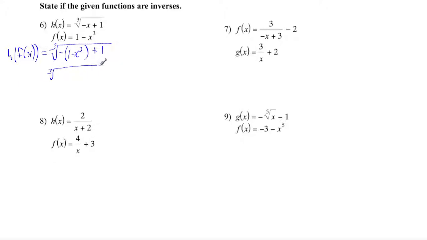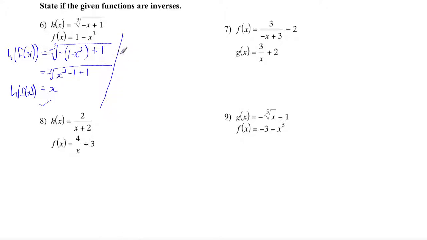So I get the cube root. This negative distributes in, so it actually becomes x cubed minus 1 plus 1. Minus 1 plus 1 is 0, so I get the cube root of x cubed, which is x. So h of f of x is equal to x. Great.